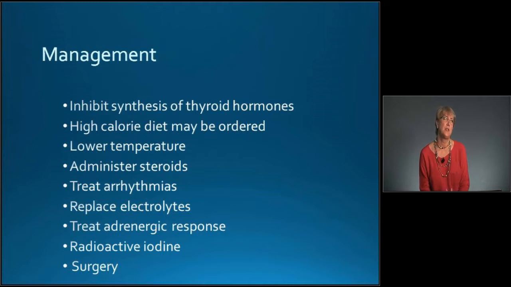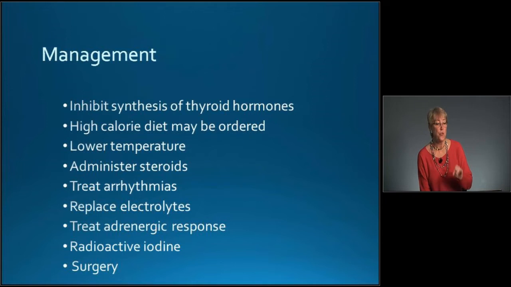So now, how are we going to manage this patient with hyperthyroidism or potentially going into thyroid storm? Well, it's all about inhibiting the synthesis of thyroid hormones. A high-calorie diet may be ordered because, again, they're burning up these calories because of that hypermetabolic state.